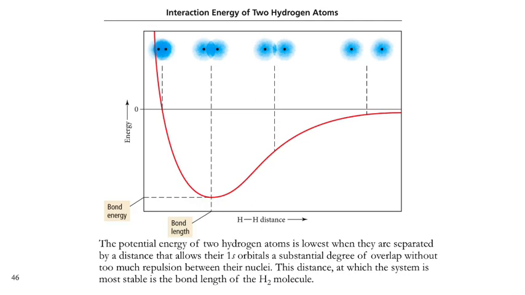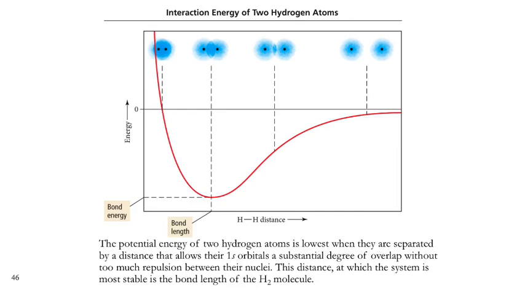There's not an attraction or a repulsion. As these come closer together, there's a little bit of an interaction. There's a stabilization, a lowering of energy. They're like, oh, I like you. Yeah, I'm attracted to you. They get closer together, the energy goes down. They get closer together, the energy goes down a little more.